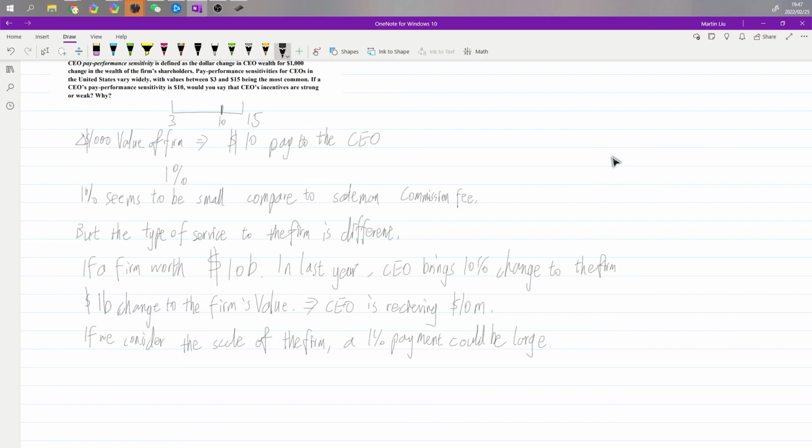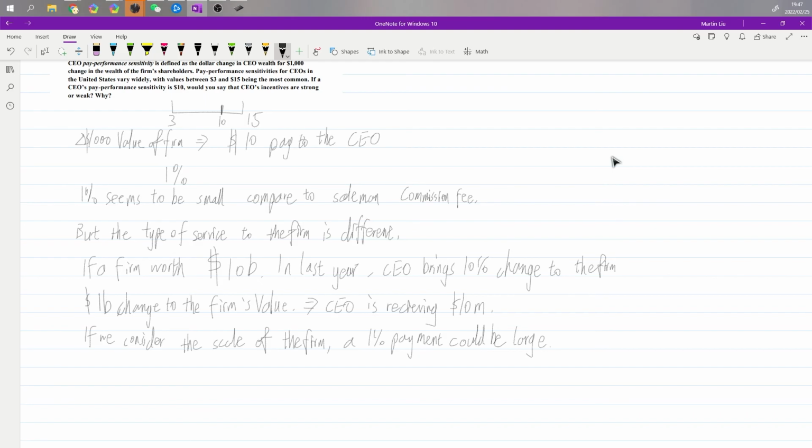If I say to the cake maker, however large a cake you make, I'm going to give you 10% of it, will the cake maker be happier to make the cake larger, or keep it the same as before? If I'm the cake maker, I would definitely make it larger. That is why a CEO would work harder to increase the firm's value instead of working as he did in the past.